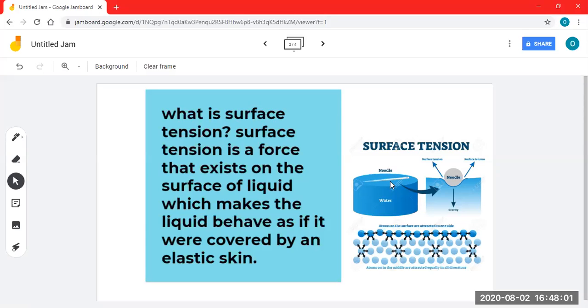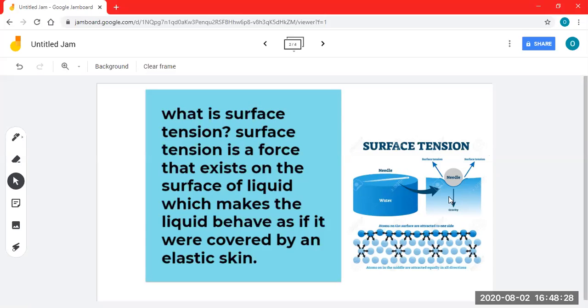A needle is placed on the surface of water. You can see the direction of the arrows: the surface tension, the needle, and the gravity. What makes the needle stay on the water?